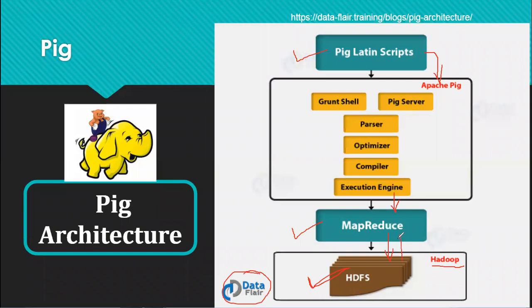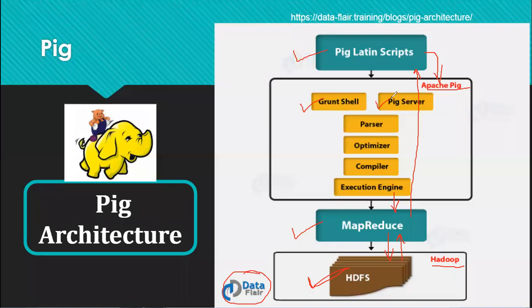Whatever output is generated by MapReduce, it gives the output back to the user. Here in Apache Pig, there is a shell. Like if you are working on Linux, the prompt where you actually write a script is called a shell. So here the Grunt shell is used.